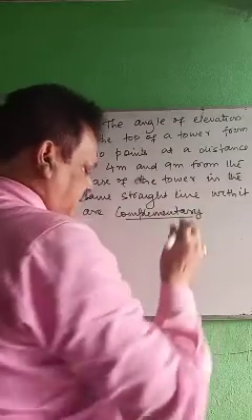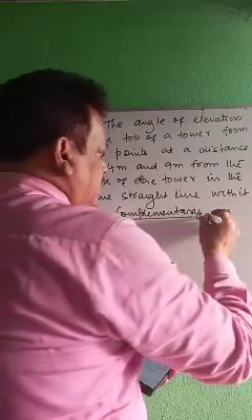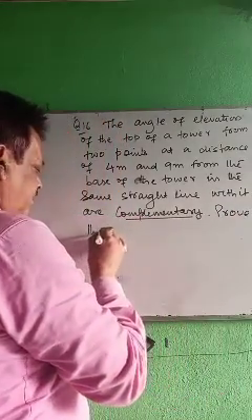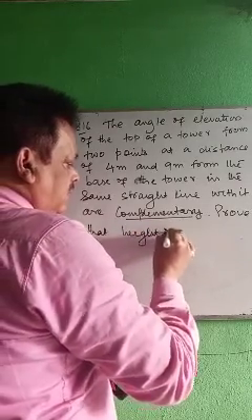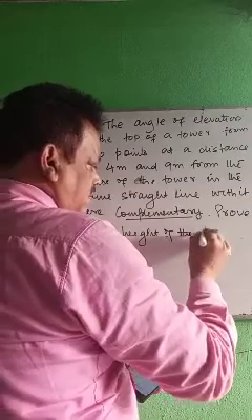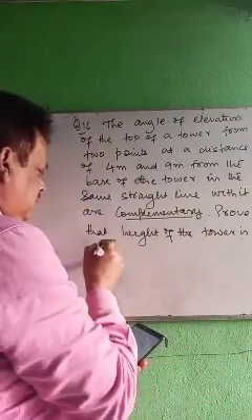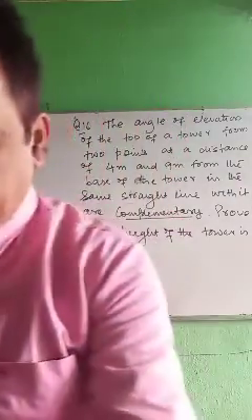Underline this, complementary angle. Prove that the height of the tower is 6 meter. Okay.